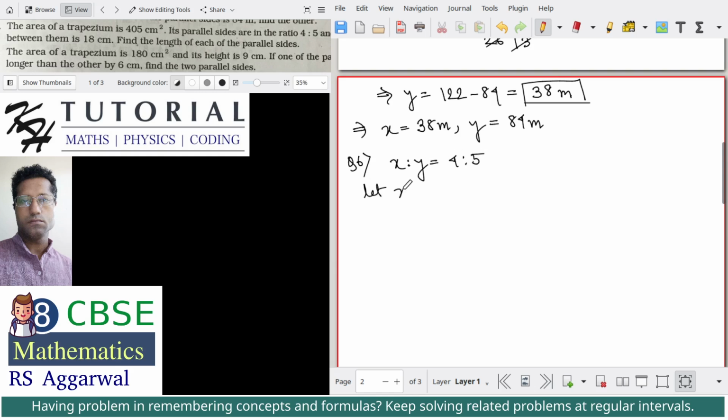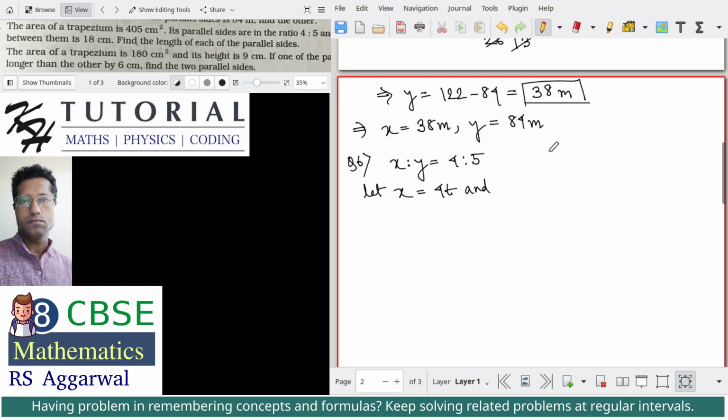So let x be equal to 4t, and you know from the concept of ratio and proportion, whenever you have to solve the value of some quantities whose ratio are given, we always, based on the parts of the ratio, assume the value of the quantities as some multiple of some unknown variable.